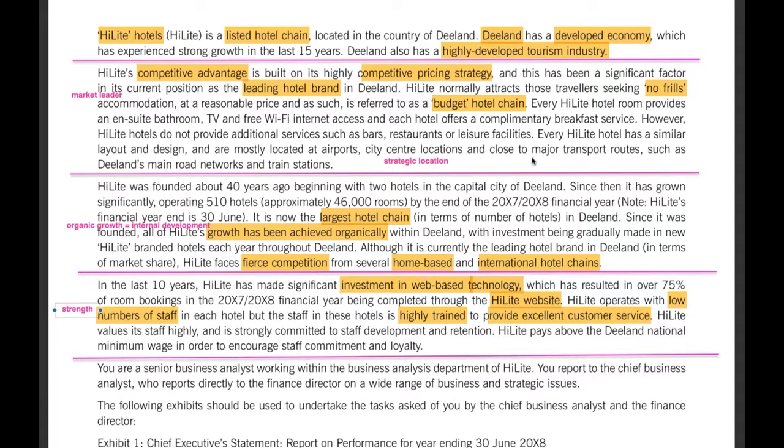This is an example of when they say they are mostly located at airports and city center locations. So what are they trying to tell you? It's a strategic location. These are the little points that you have to put in, just to guide you on the next step that you are supposed to do after this.